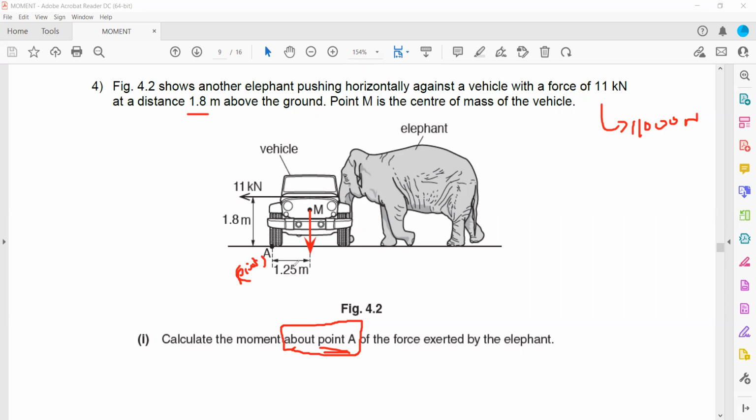Moment is the product of force multiplied by the perpendicular distance from the pivot. The force is 11 kilonewton or 11,000 newton, and the perpendicular distance from the pivot is 1.8. So 11,000 multiplied by 1.8 will give us how much turning effect is caused by the elephant.